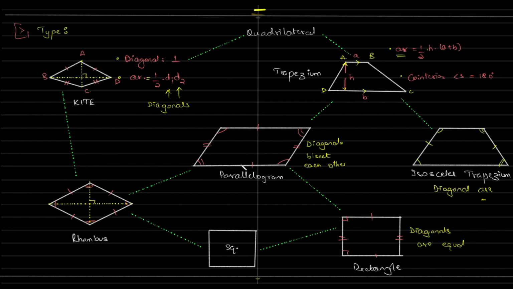Next we'll see the parallelogram. No, let us see the isosceles trapezium first. In an isosceles trapezium, the extra condition is that the non-parallel pair of sides will be equal. So ABCD is your trapezium, wherein AB is parallel to DC and AD is equal to BC. This is the extra property. The next thing is that the diagonals here will be equal.